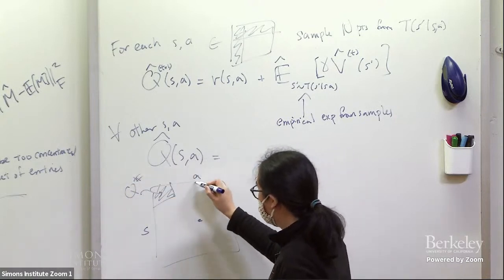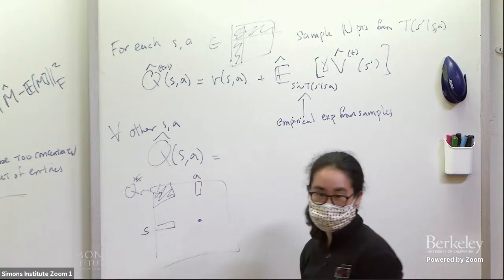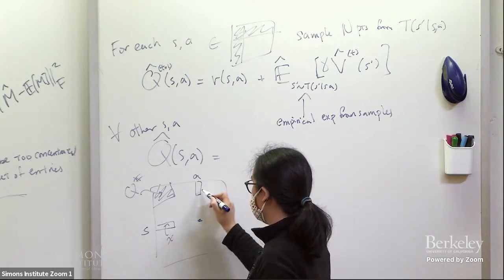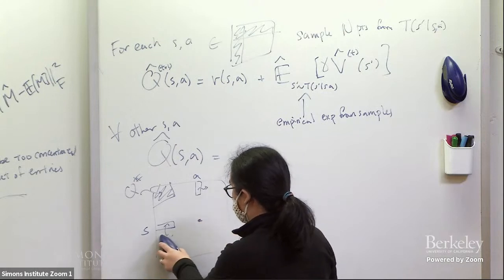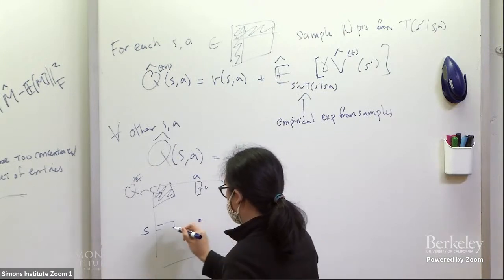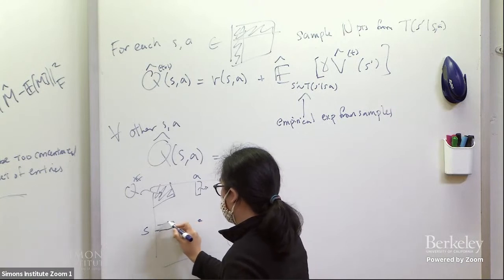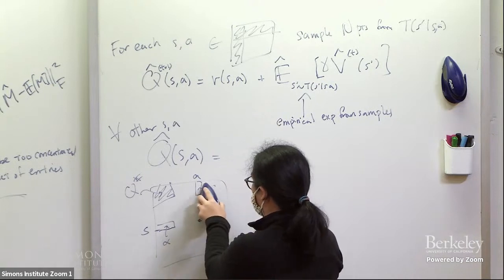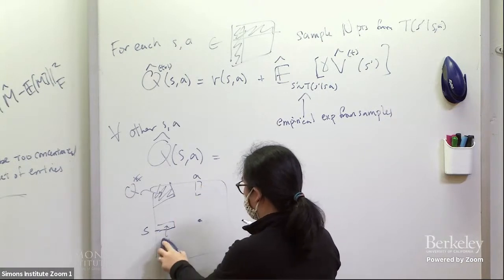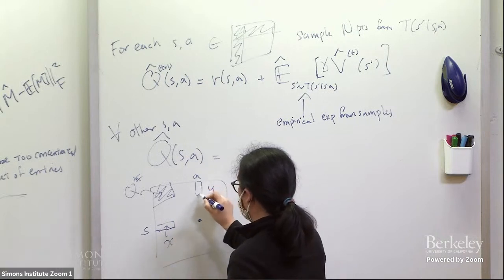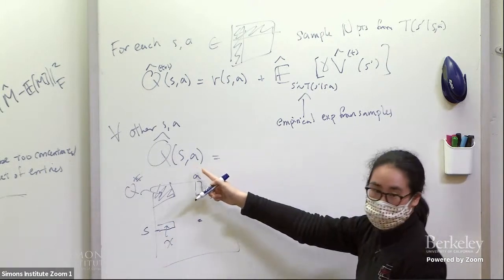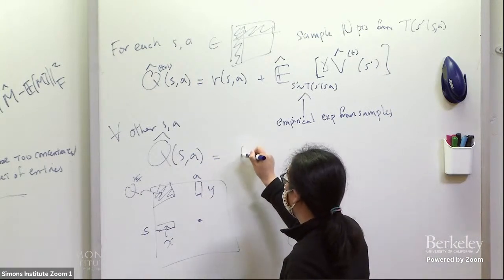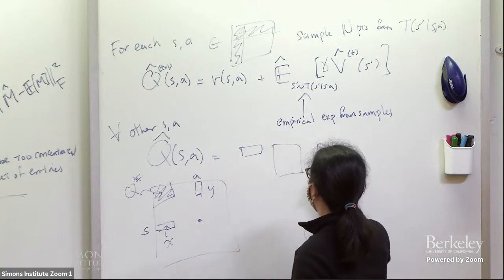And then these parts are also sampled. I'm going to call this X, this one vector alpha, this one beta, or maybe Y. And the estimate for Q hat looks like this.